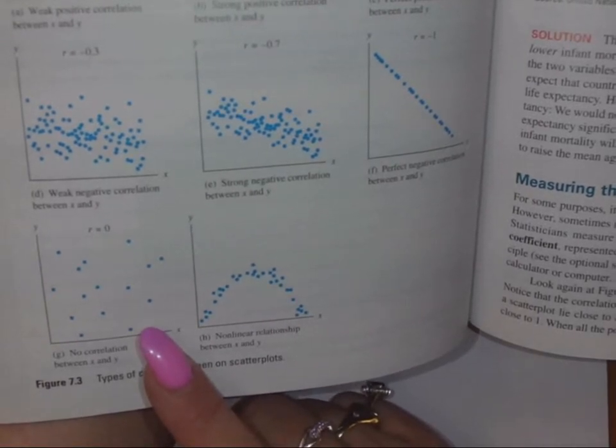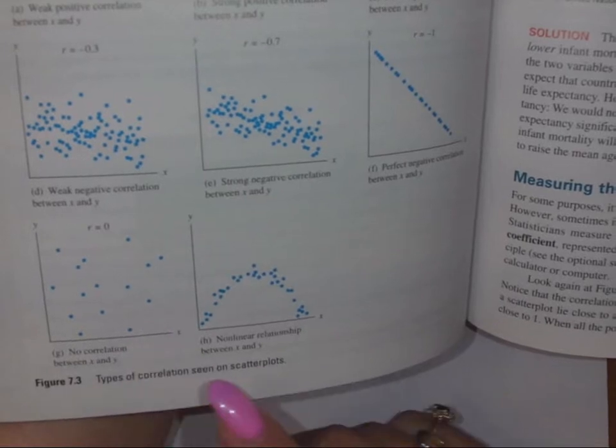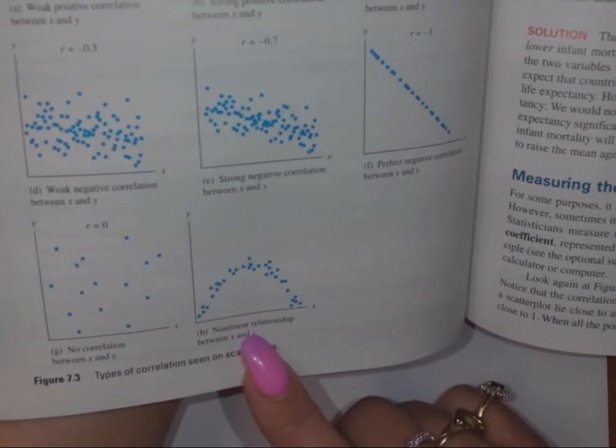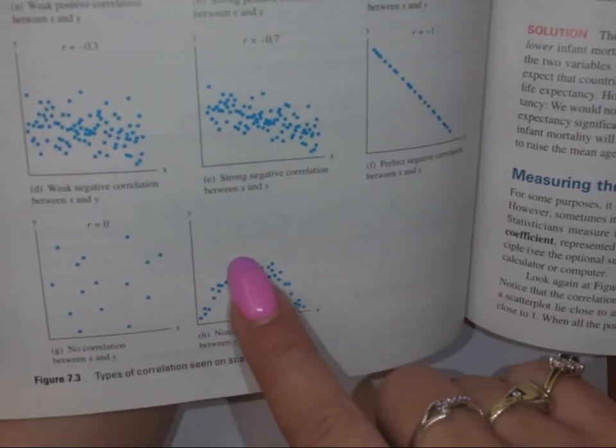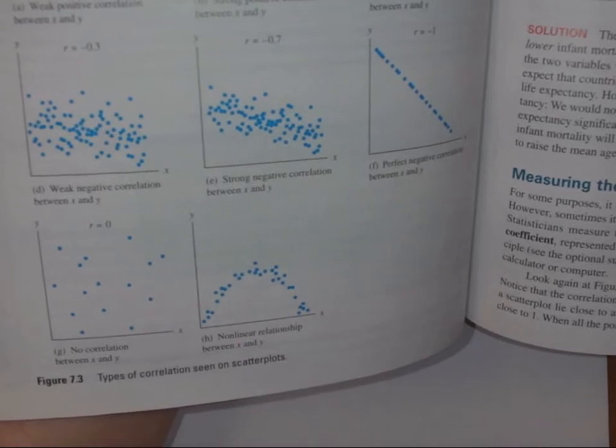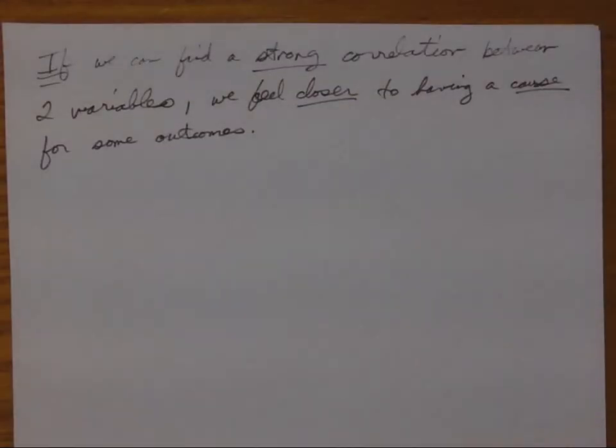What's going on with your stats class grade? I don't know. And then the last one, this is clearly not a line, right? So nonlinear. I gave you an example of that. So you're going to look at that and say, oh, I understand when it's positive, when it's negative, when the correlation is 0, there's no pattern, and so on and so forth.